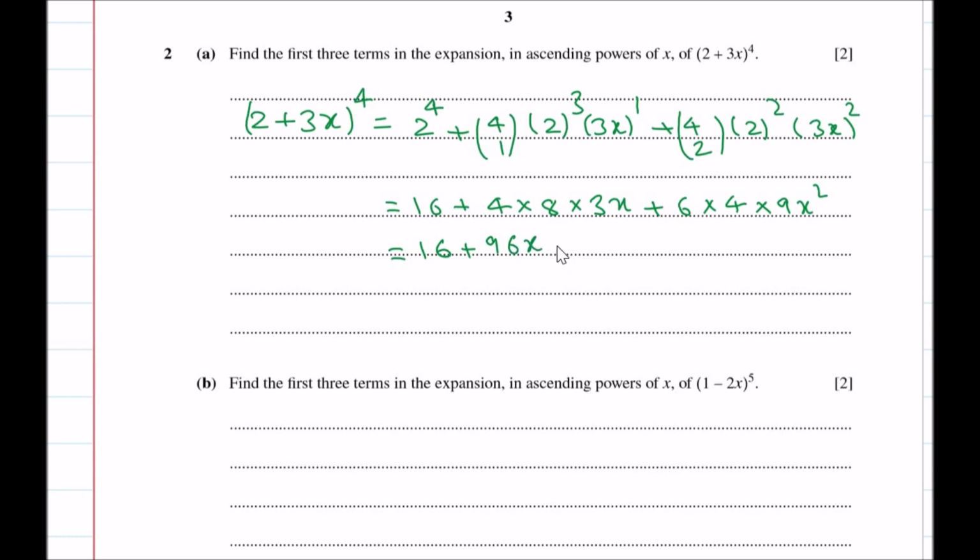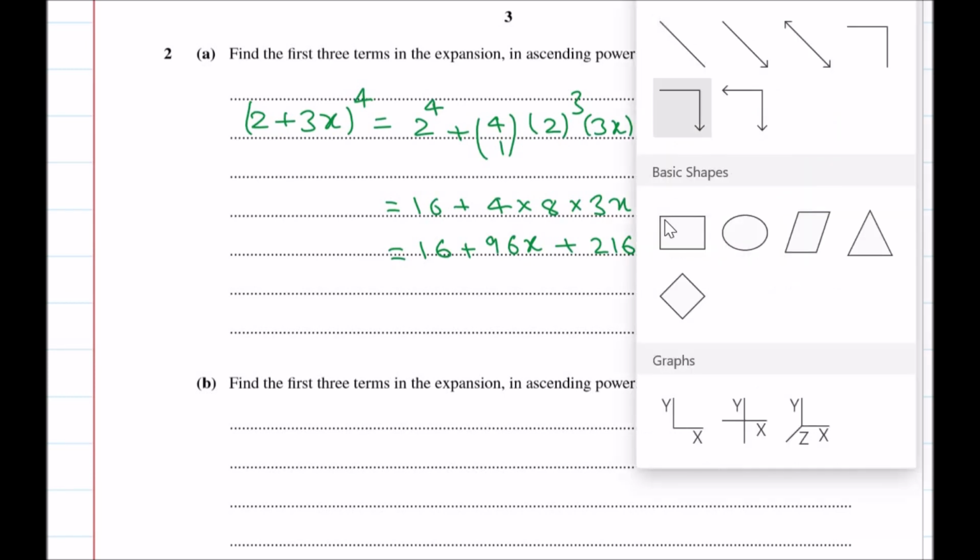Okay. Plus 6 times 4 is 24, 24 into 9, that will be 216x squared. So this is your final answer. Okay.